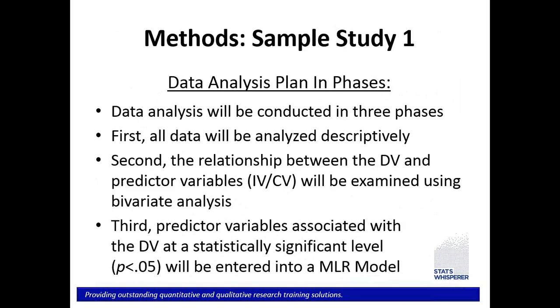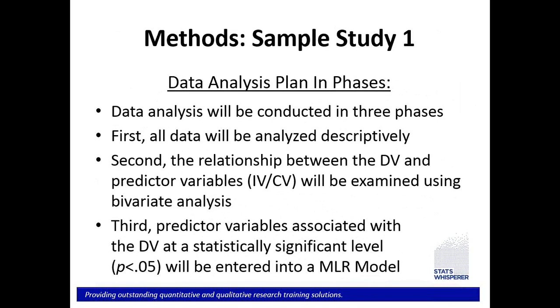So if we were to take sample study 1, we might say data analysis will be conducted in 3 phases, right? Understandable, right? And this is in the 7 steps of data analysis. This is steps 4, 5, and 6. And so first, all data will be analyzed descriptively. So that's step 4, the univariate analysis.